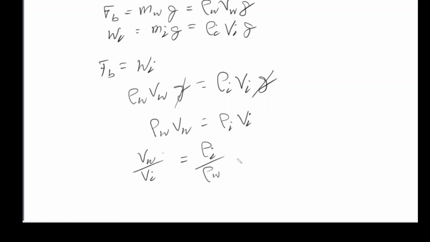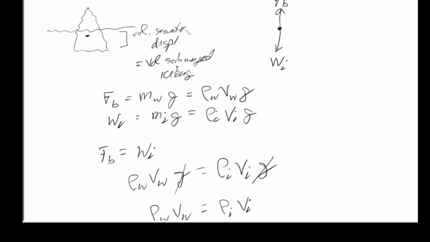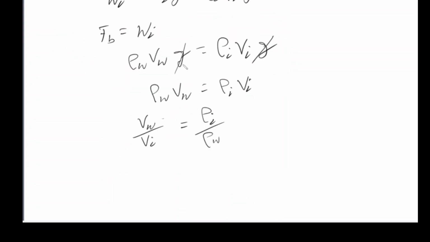And the reason we're doing this is the volume of the water displaced, as we set up here, is equal to the volume of the submerged iceberg. So we're actually finding out what percent of the iceberg is submerged. So that's equal to 0.92 over 1.03, which is equal to 0.89, which is equal to 89%.